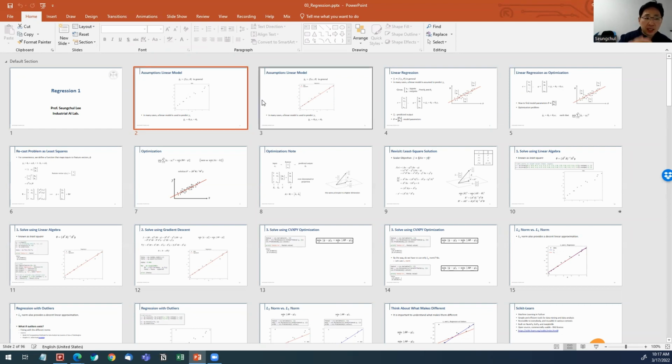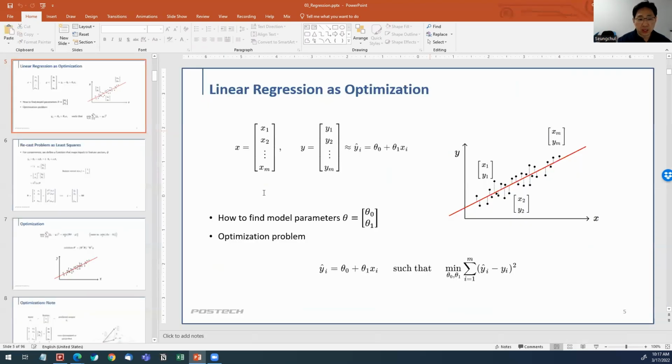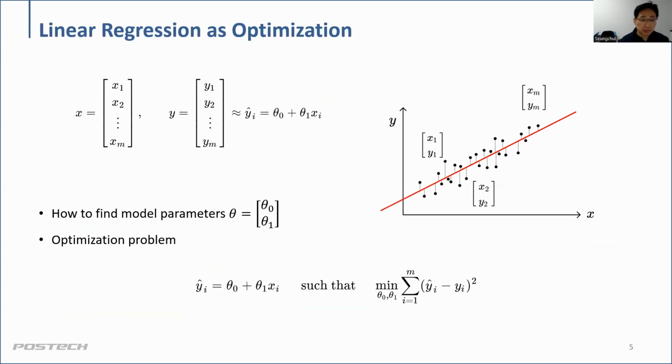And what I did is, given the linear regression problem, transfer it to an optimization problem. Here, the X and Y data points, I put them in column vectors.